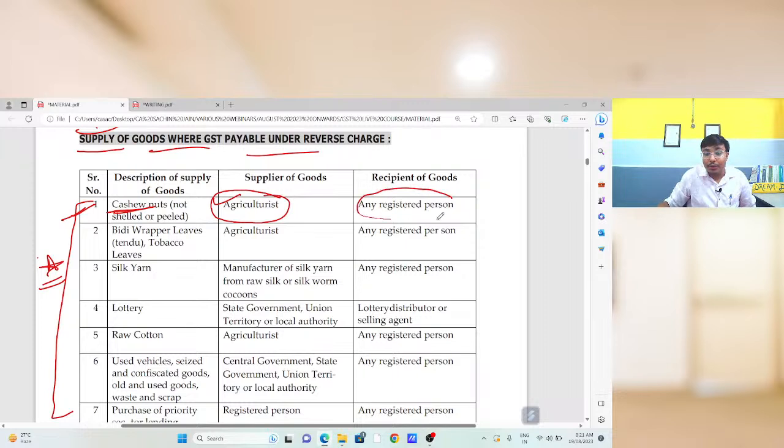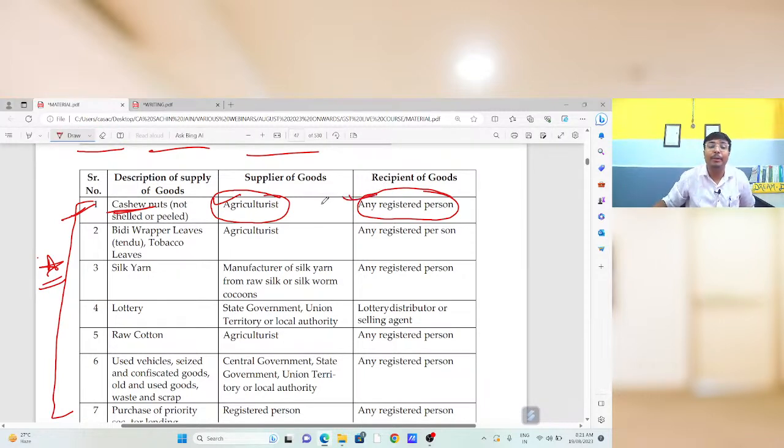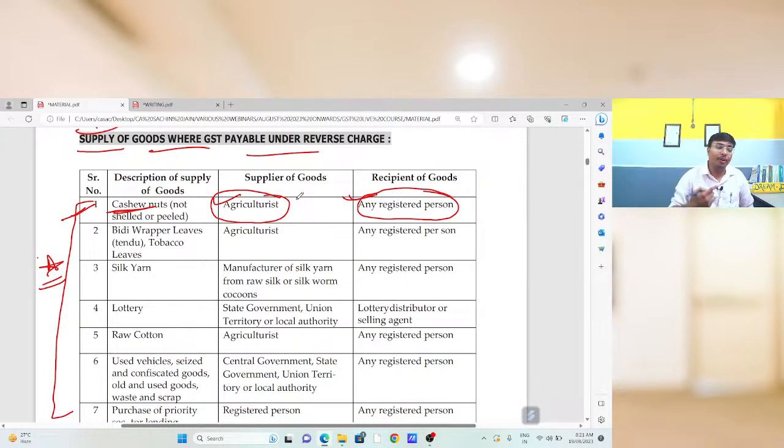The recipient, who is dealing, trading or manufacturing or doing certain activities on that particular cashew nuts, will be registered under GST. So in that case, the recipient will be liable to make the payment of taxes under reverse charge mechanism. So the first product is cashew nuts. In case of supply of cashew nuts, the recipient is liable to make the payment of taxes. The supplier is not going to make the payment of taxes.